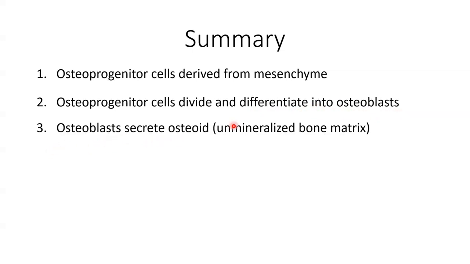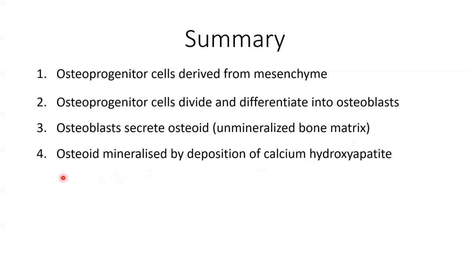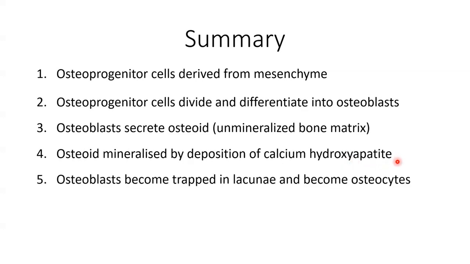Osteoblasts secrete osteoid, which is that unmineralized bone matrix. Osteoid is mineralized by the deposition of calcium hydroxyapatite, which is just the deposition or the binding of calcium and phosphorus into that extracellular matrix, and it makes that tissue hard. Our osteoblasts then become trapped in the lacunae, and now we call them osteocytes.